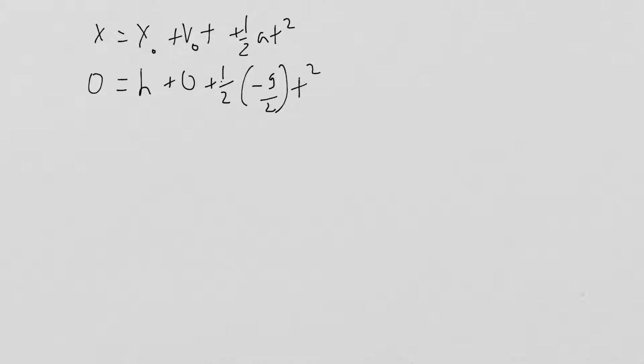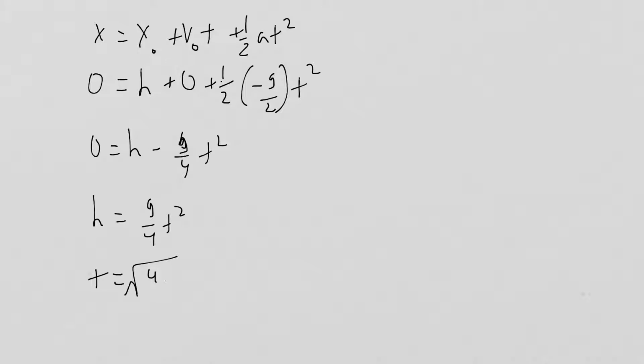Simplifying all this, we get 0 equals h minus g over 4 t squared. If we move stuff to the other side of the equation, we get h equals g over 4 t squared, or t is the square root of 4h over g.